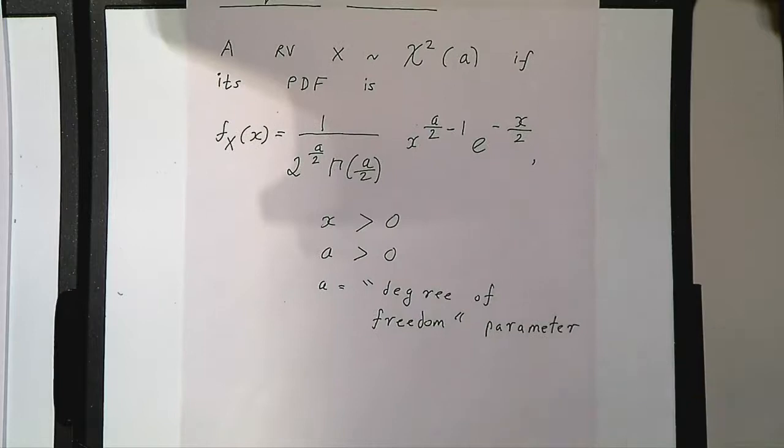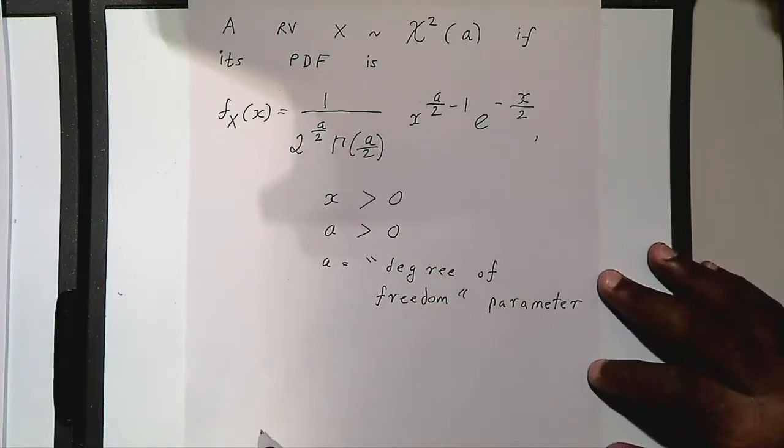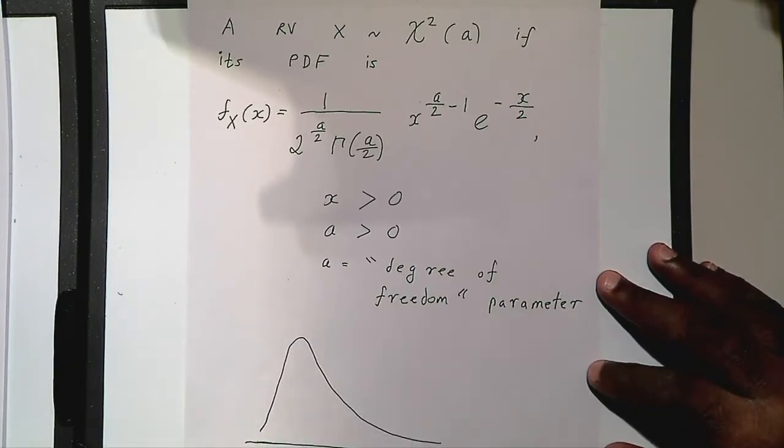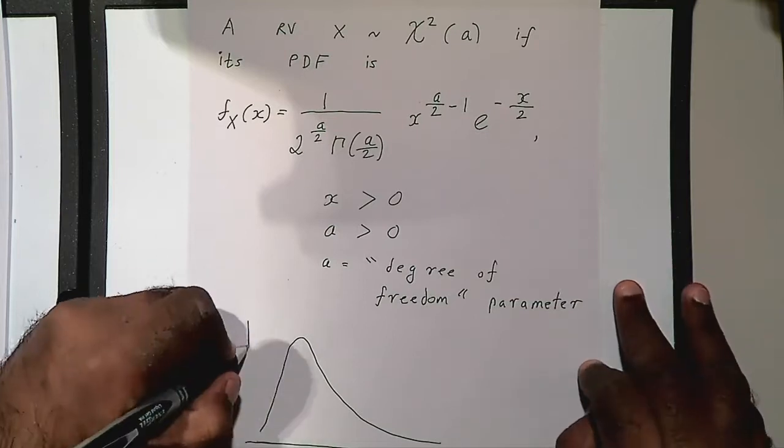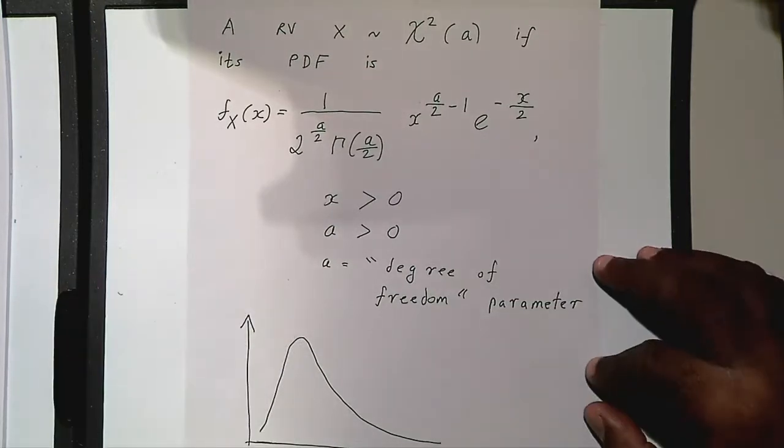You should draw a picture of this. I'm not good at drawing, but you will see how bad I am in a minute. Typically, the shape of a chi-square PDF looks something like this.